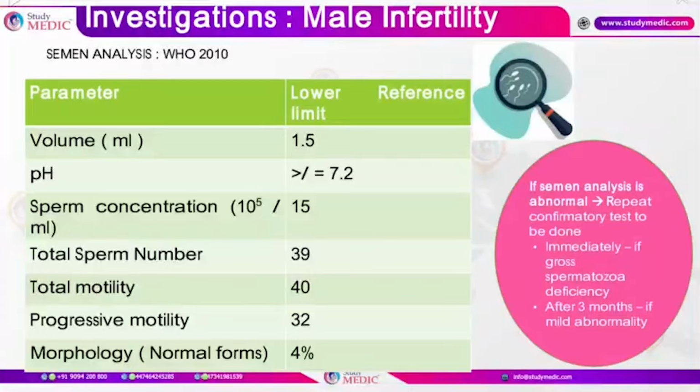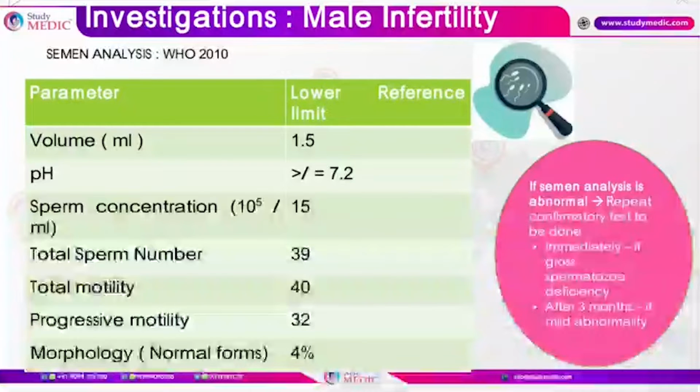So for your upcoming MRCOG Part 2 exam 2024, these are the parameters you should be well aware of: the volume is 1.5, the pH should be 7.2 or more, the sperm concentration should be 15 million and above, total sperm number is 39 million, total motility is 40%, progressive motility is 32%, and morphology, which includes normal forms, a minimum of 4%.